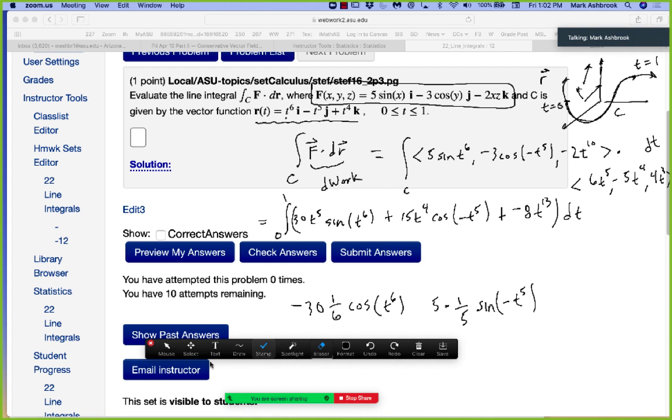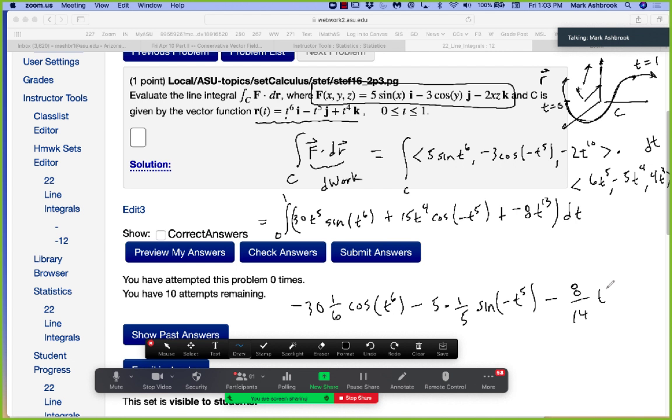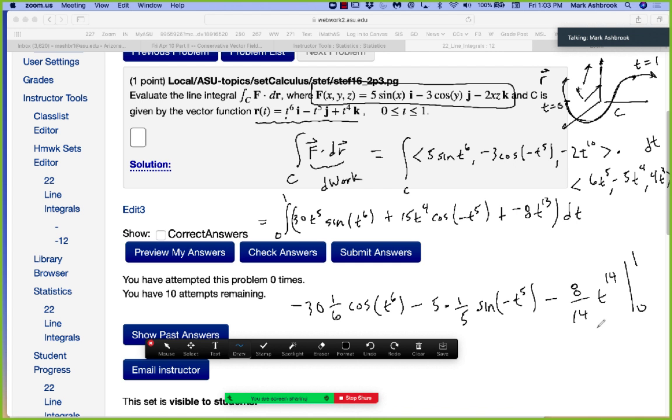So subtract. Okay, and then finally we're going to have negative 8/14 t to the 14th, and that's going to be from 0 to 1. Now, here's another potential for mistake. Plugging 0 into this does not give 0. Why?